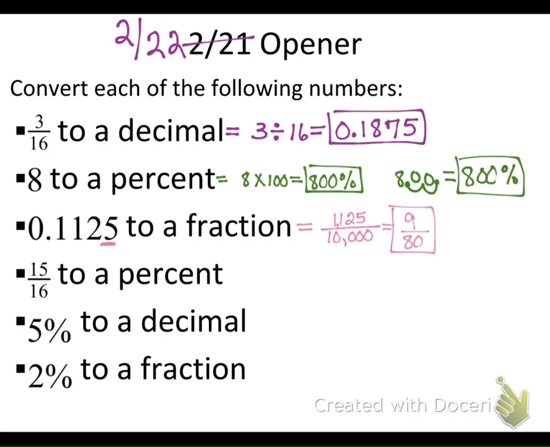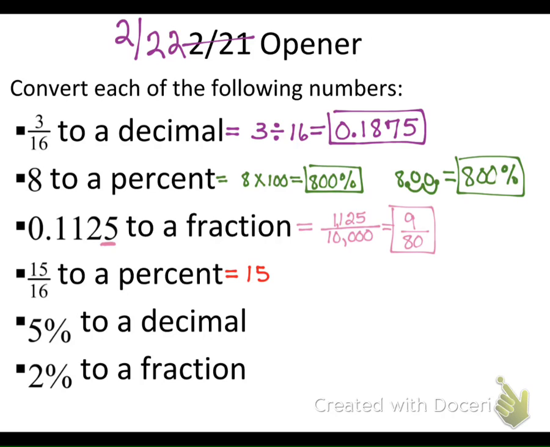The next one is changing a fraction to a percent. So changing a fraction to a percent, we're going to have 2 steps to complete. Brendan, what are my steps for changing a fraction to a percent? And how do I change that fraction to a decimal?